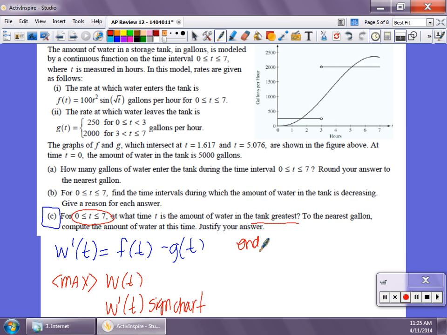Endpoints. All right. So those are the pieces of information that are important that you also tend to forget. So I'm going to make a fake sign chart from 0 to 7. I'm just going to say that this is at A and this is at B. I have no idea how many zeros it has. We'll say this. And then I'm going to say we're looking for a maximum.